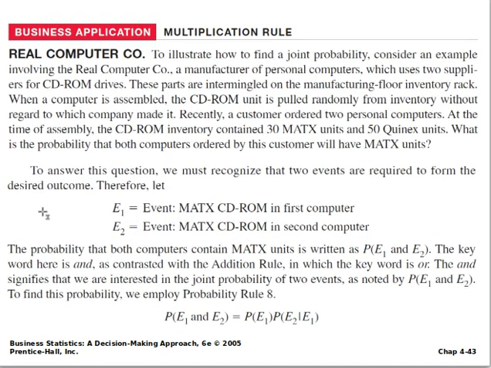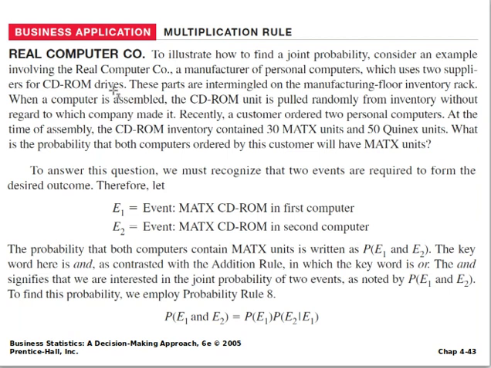Here's a business application class for this multiplication rule. To illustrate how to find a joint probability, consider an example involving the Real Computer Company, a manufacturer of personal computers, which uses two suppliers for CD-ROM drives.